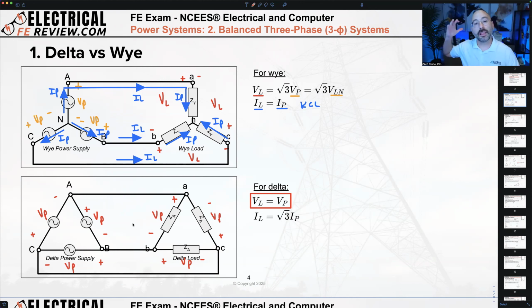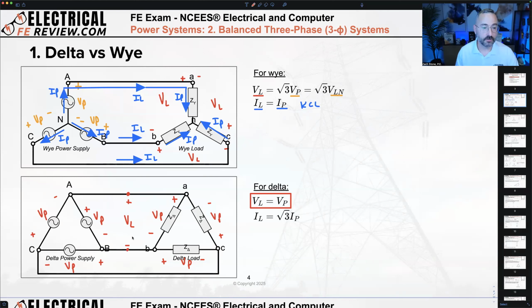All right, we've got our A phase conductor, B phase conductor, C phase conductor. Let's measure the line voltage. We can call it the line to line voltage, phase to phase voltage, or just the line voltage. If I take a voltmeter and put the positive terminal on my A conductor and the negative terminal on my B conductor, that's my line voltage of my system.